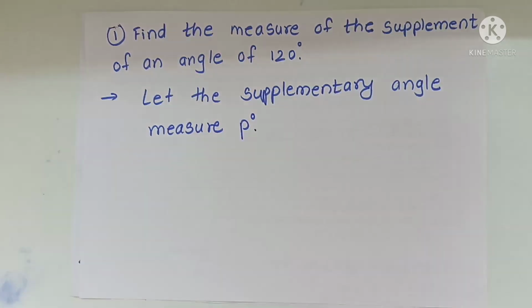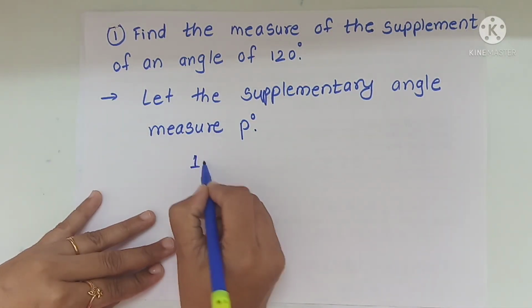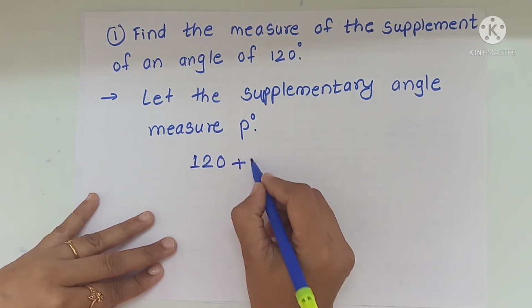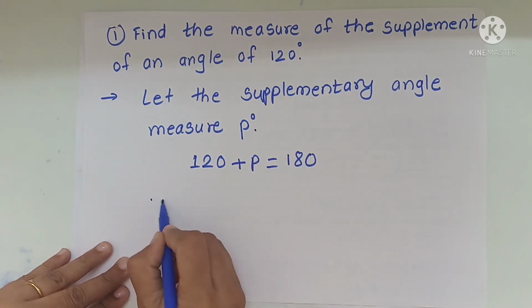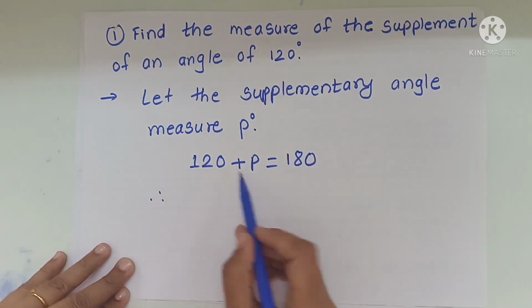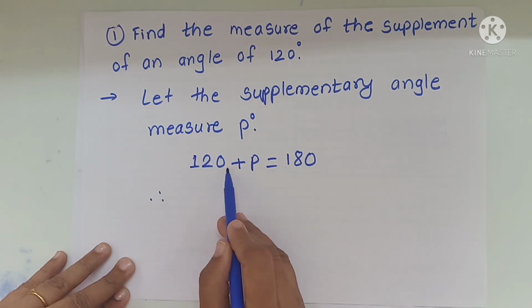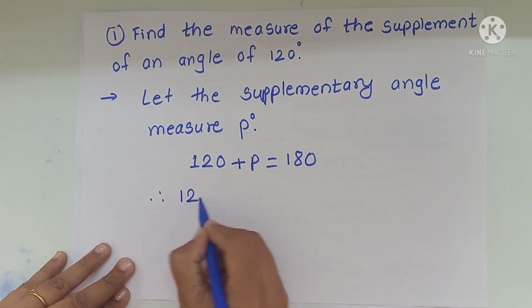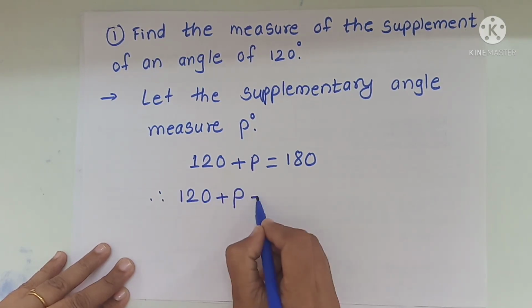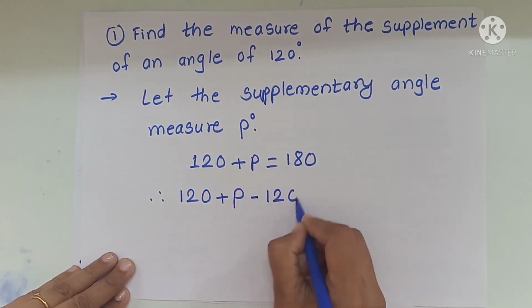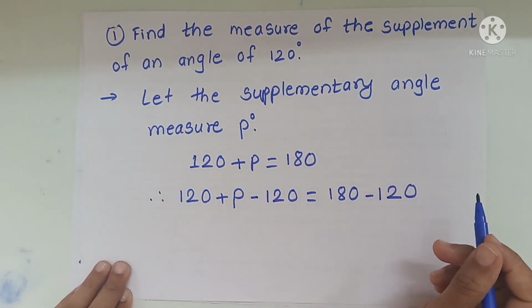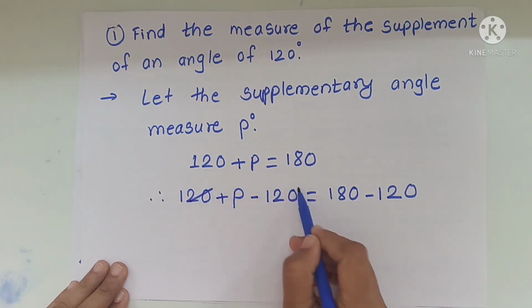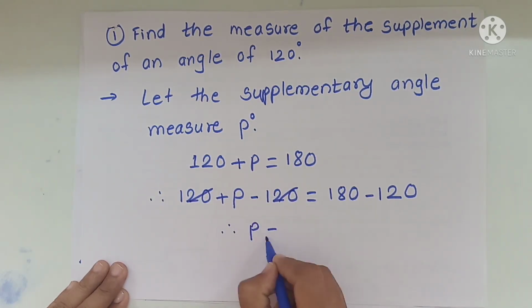And we know that the sum of the measures of two supplementary angles is 180 degree. So 120 plus P is equal to 180. So first of all, we have to subtract 120 from both sides of the equation. 120 plus P minus 120 equals 180 minus 120. Then we get P is equal to 60.